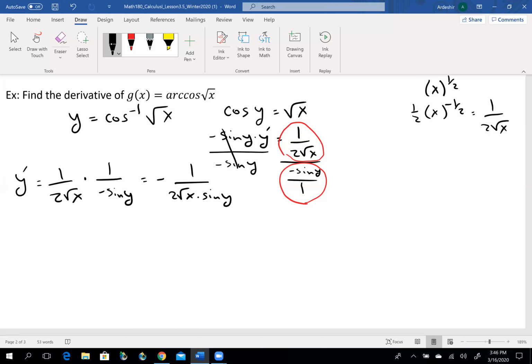So the y prime is going to be negative 1 over 2 rad x times sine of y.